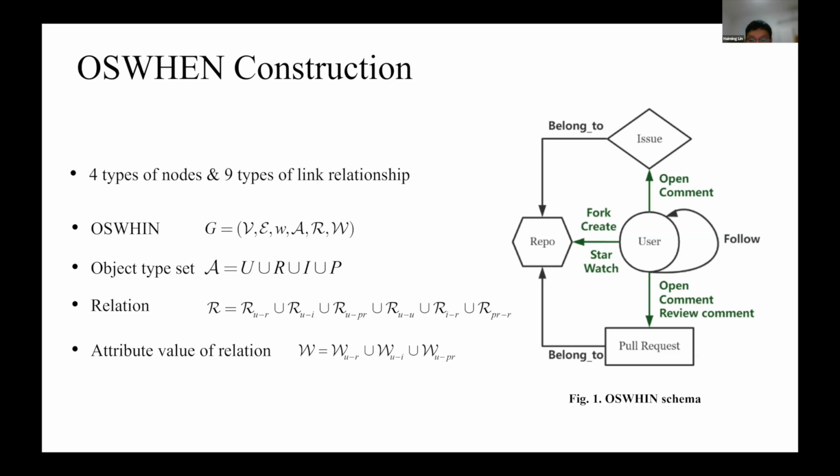Finally, we select 4 types of nodes and 9 types of link relationships, and we abstract the attribute value on the relationship. This figure shows the network schema, which contains 4 types of objects and the various relationships between these objects.